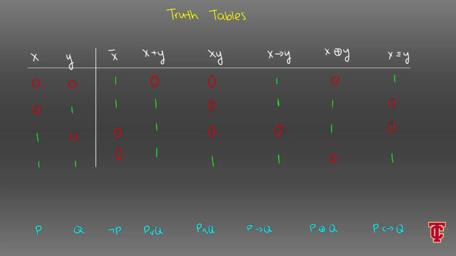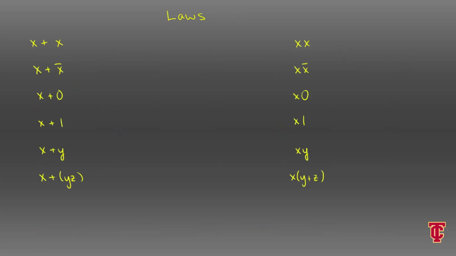All right, the last thing I want to talk about here are some of the laws of this. What can aid us is thinking about what this means in terms of propositional logic and how the translation works. For example, X plus X is the same thing as saying X or X. This is called idempotence, which just gives me X back.